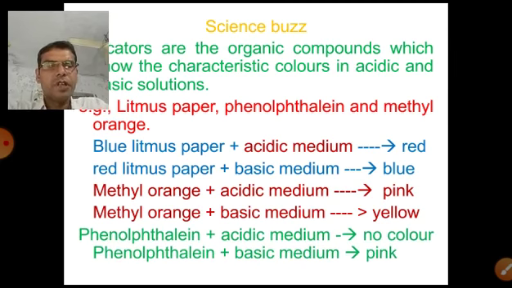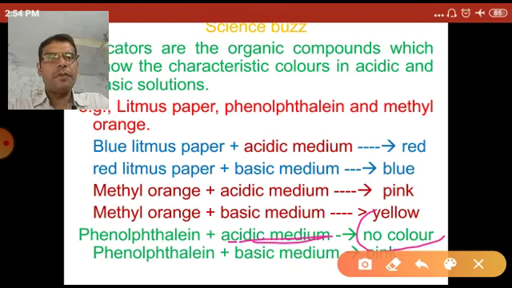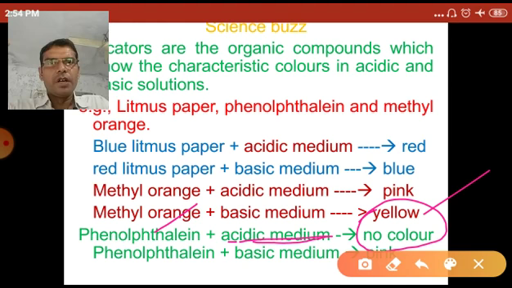Now next, the phenolphthalein. Phenolphthalein in the acidic medium has no change in color. Phenolphthalein is generally colorless and does not change its color in acid. When phenolphthalein is added into the basic medium, its color changes into pink.